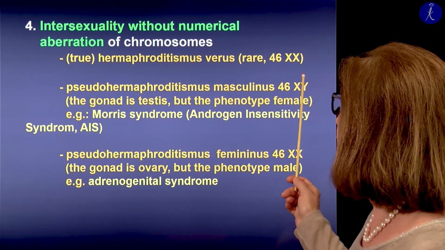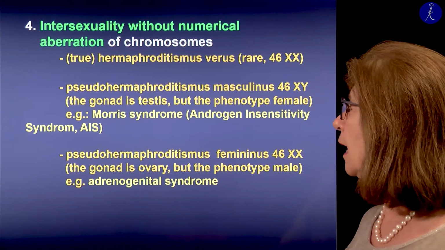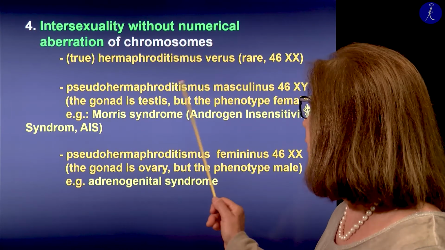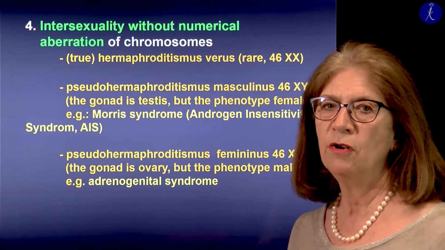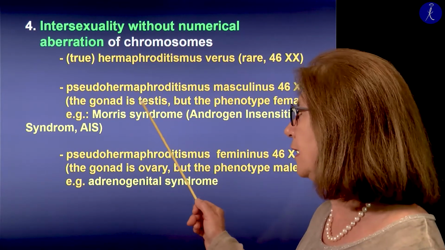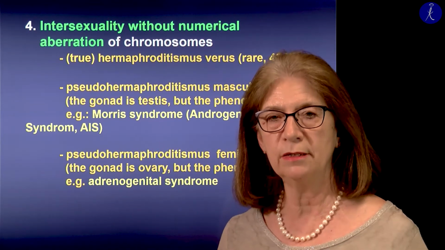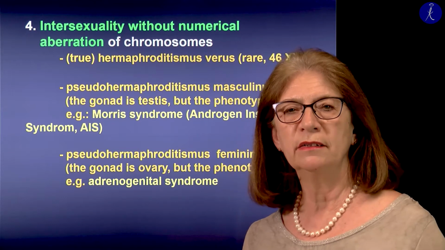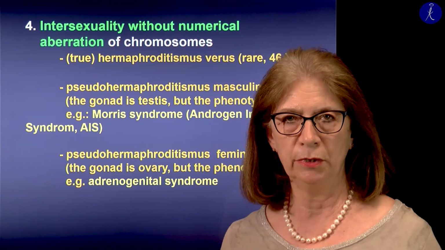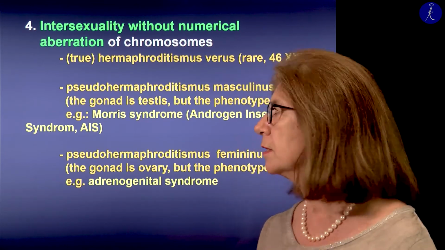In this case, the sex chromosomes are X and Y. And the gonad is testis, but the phenotype is female. How may this happen? This is a good functioning testis, and it produces testosterone, but on the periphery, the tissues do not react to testosterone because of the lack of proper receptors.